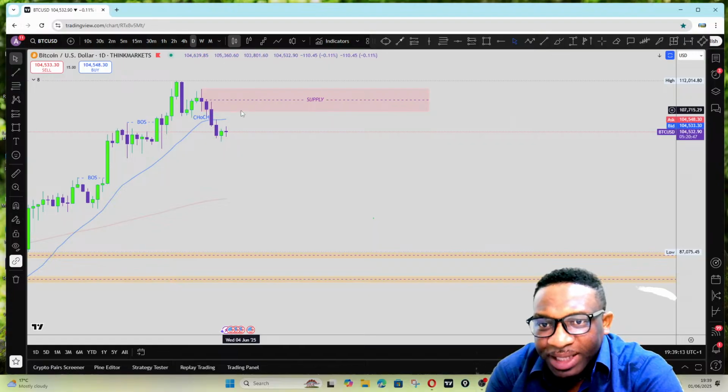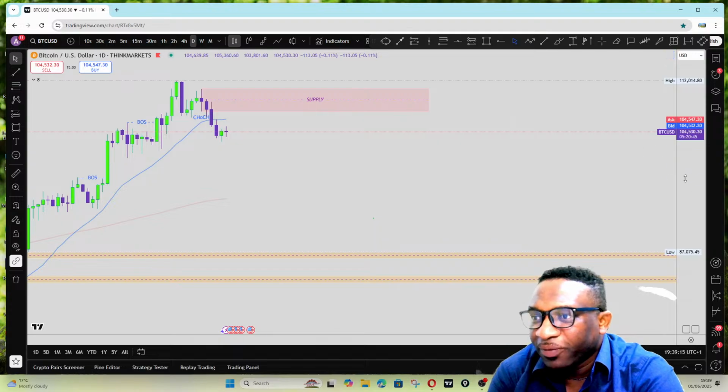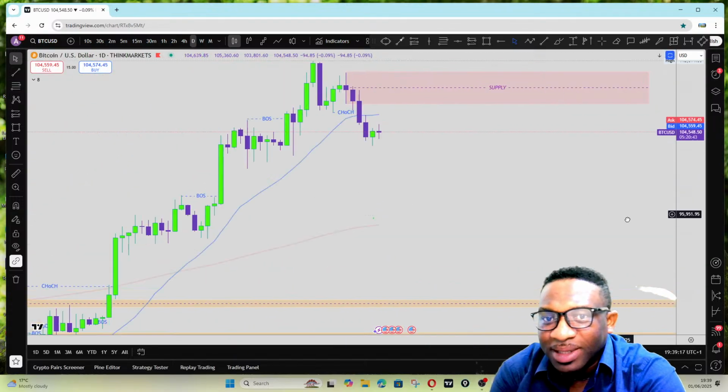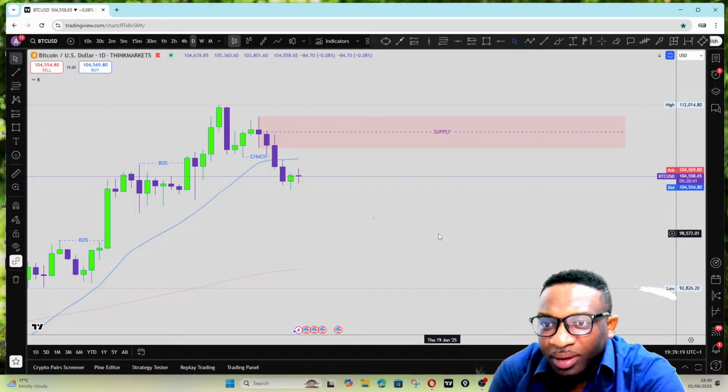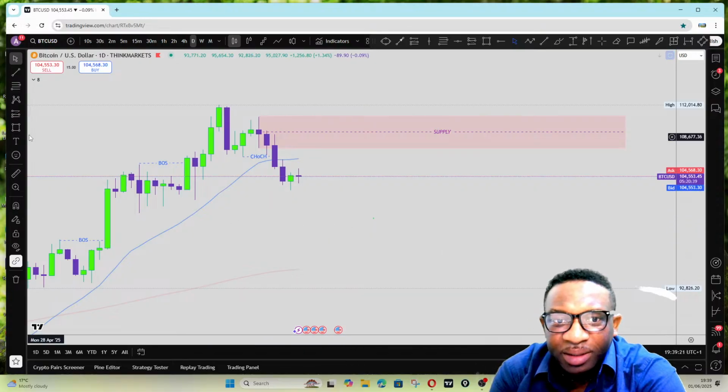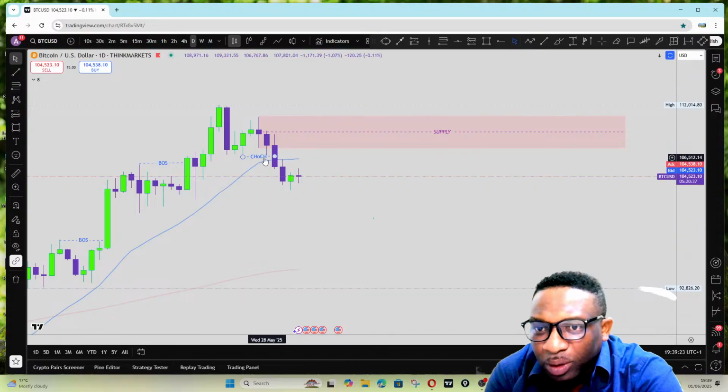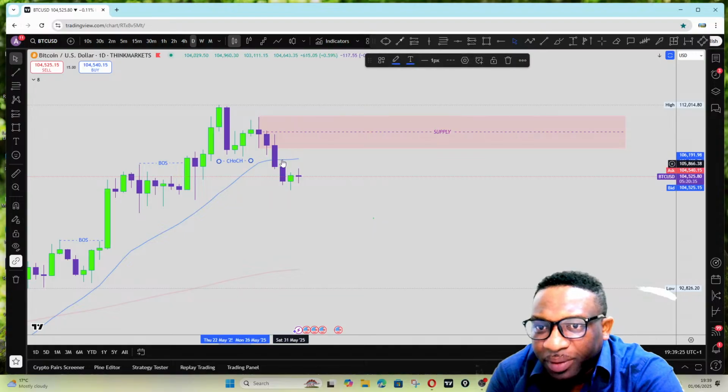So we could expect, let's see if we have any imbalance here. The low of this candle is here, and the high of the third candle is here.